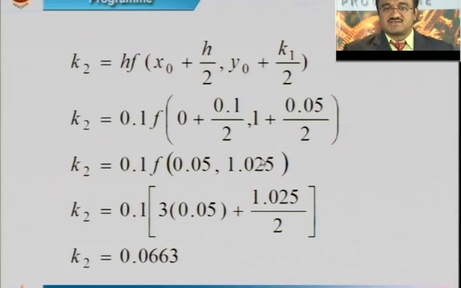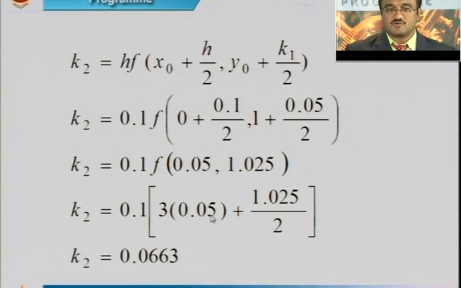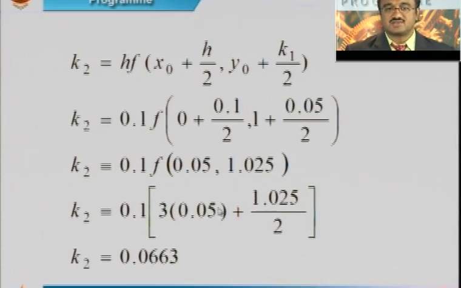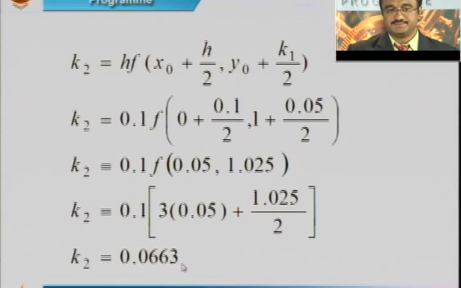So take these x and y values, substitute in the given function f of x comma y. So that is 3 times x, that is 0.05, plus y is 1.025 divided by 2. Again on simplification, we get k2 value as 0.0663.